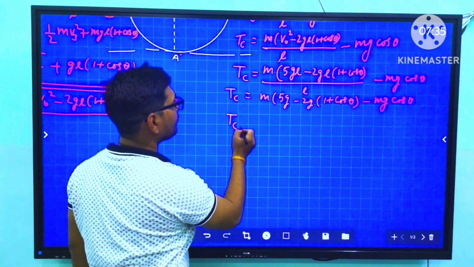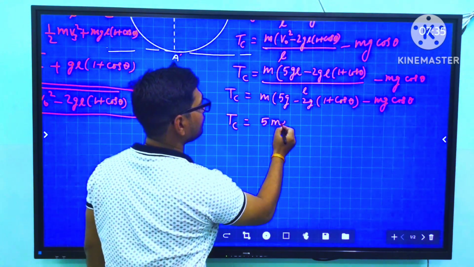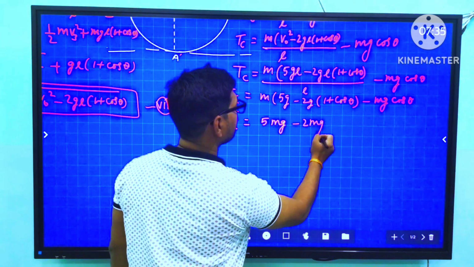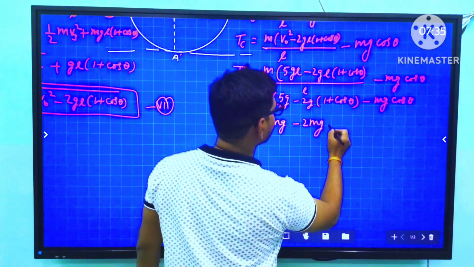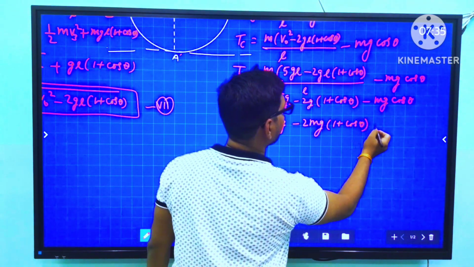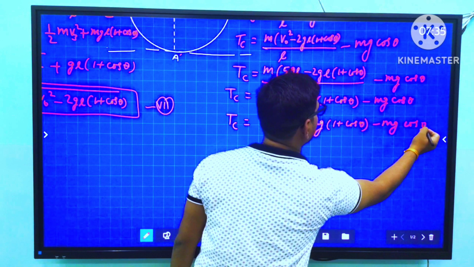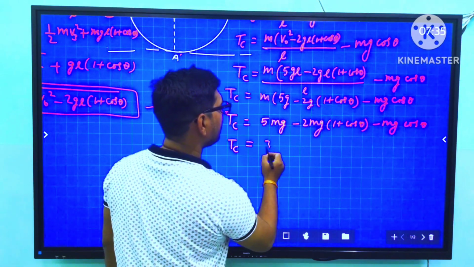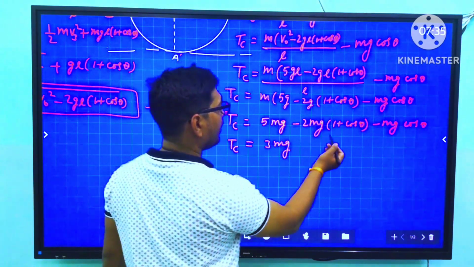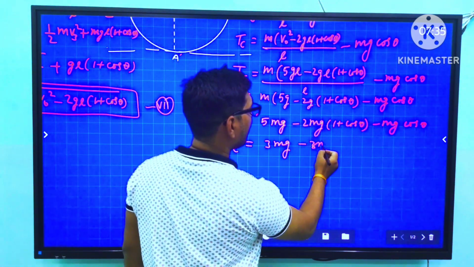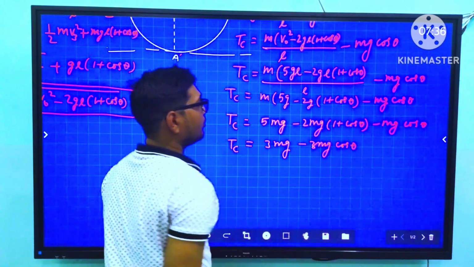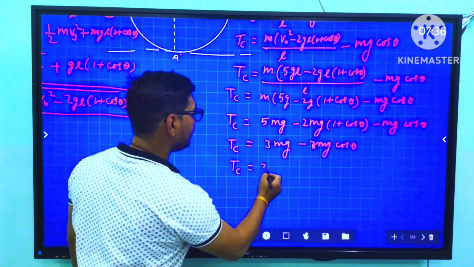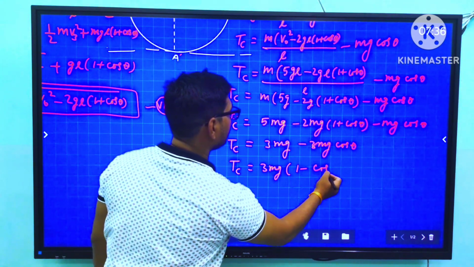Simplify this: tension at point C will be 5mg minus 2mg(1 plus cos theta) minus mg cos theta. Again simplify this: 5mg minus 2mg is 3mg, minus 2mg cos theta and minus mg cos theta is minus 3mg cos theta. So tension at point C will be 3mg(1 minus cos theta).